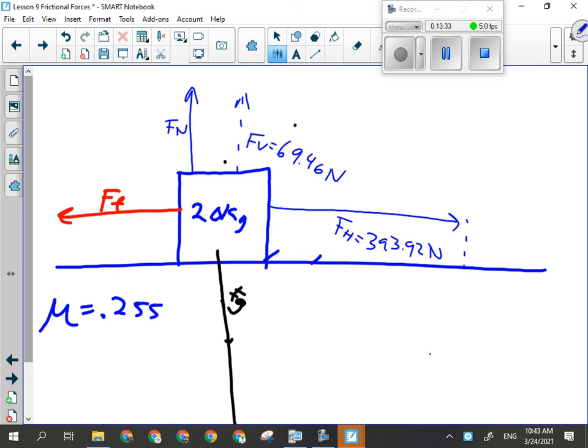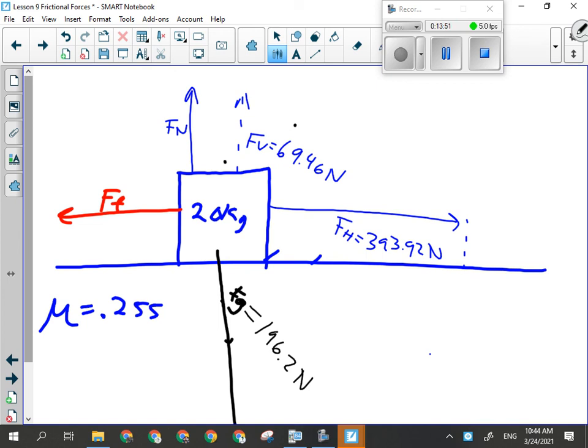The box is moving along the table, so the net force vertically is what? It's 0. So I know that my force of gravity down here of 196.2 newtons is what normal force and the force vertical add up to.